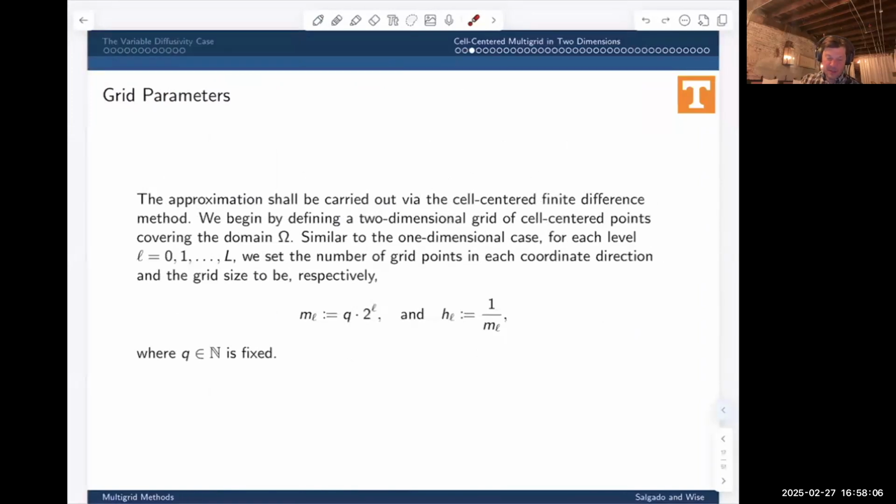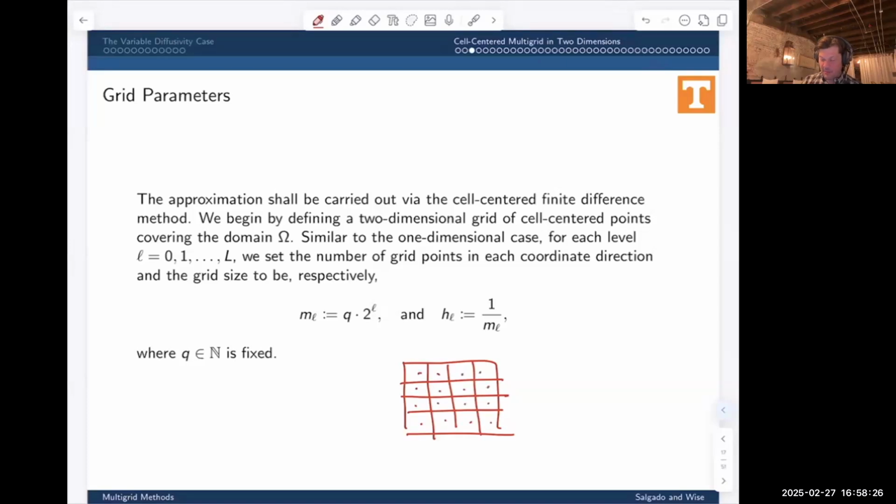And we're just going to make a standard finite difference type grid for that square mesh. All right. And here are the locations of the cell center points in this case.